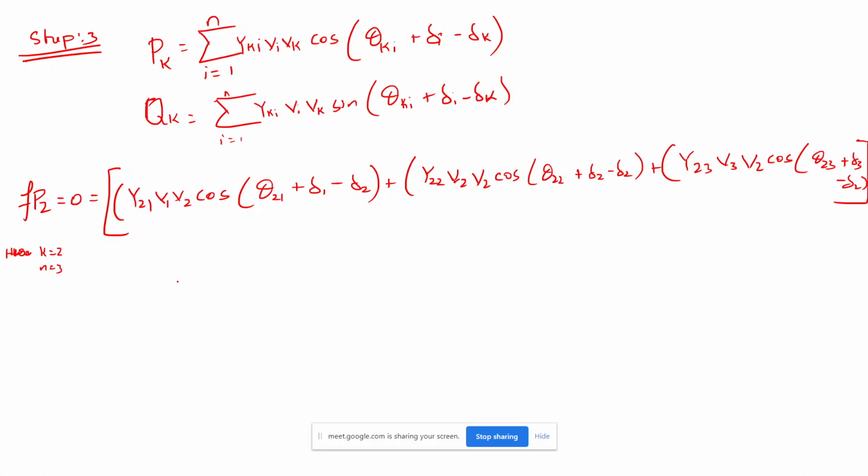So minus P2. Actually here we are not taking minus P2, because in the question there is one more method without taking minus P2 also. In the final we can do it. If you are not having this 0, then P2 will be outside.